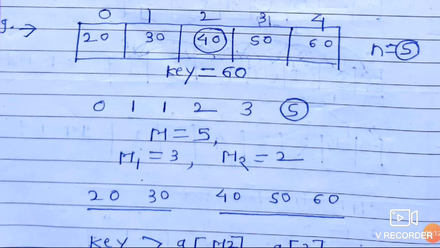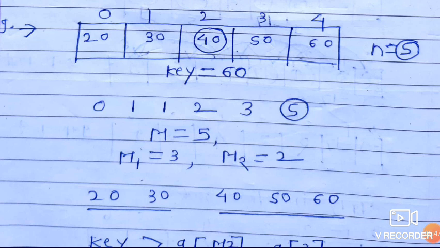Now there are three situations. Either the key may be equal to a of m2 plus offset. If this is so, we can say the key is found. If it is not equal, then either it is greater than or smaller than a of m2 plus offset. If the key value is greater than a of m2 plus offset, we update m as m1.